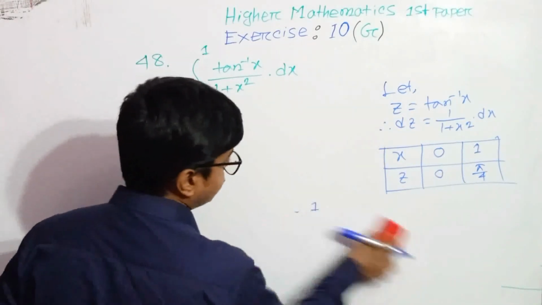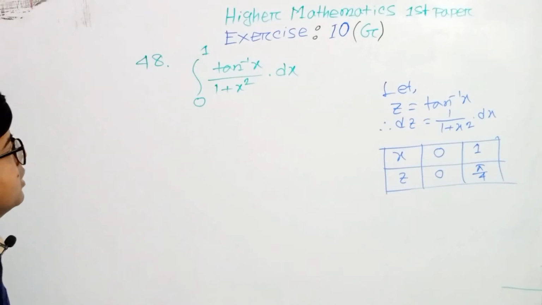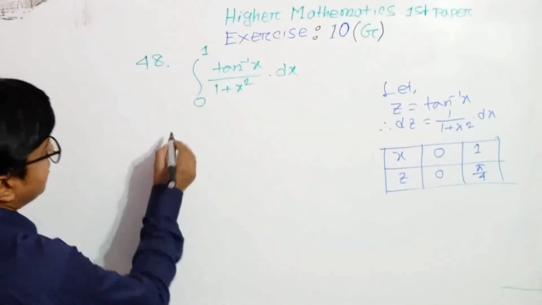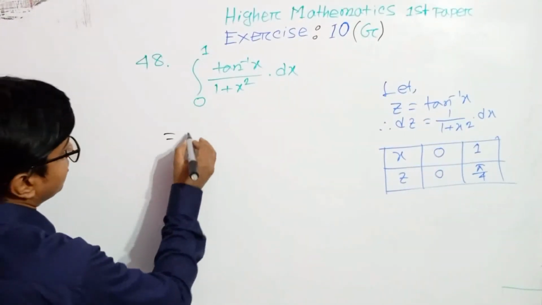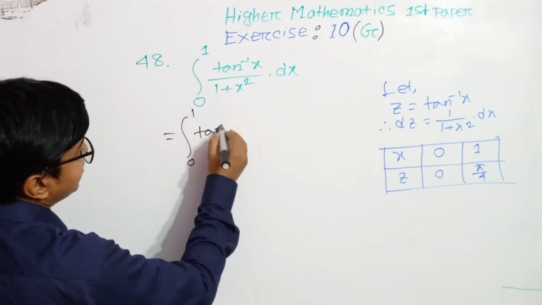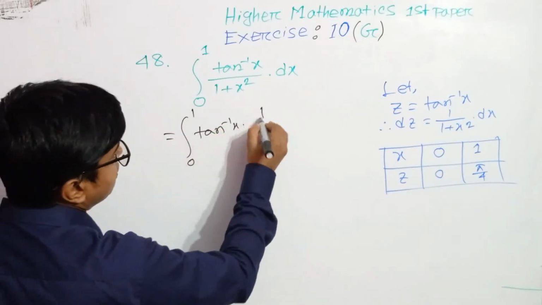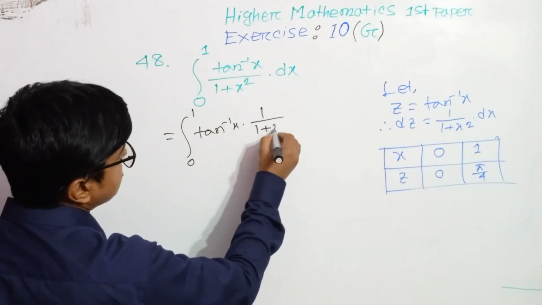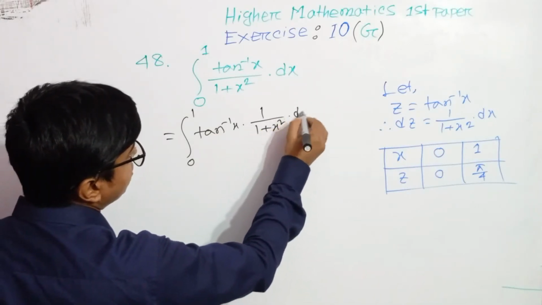Now here we can write 0 to 1, tan inverse x into 1 by 1 plus x square into dx.